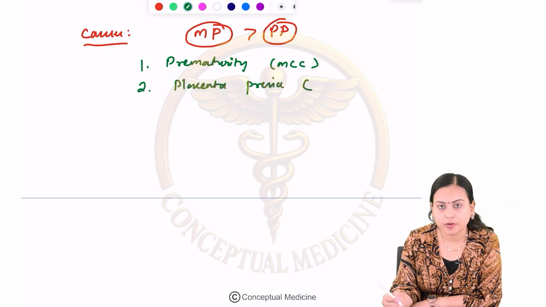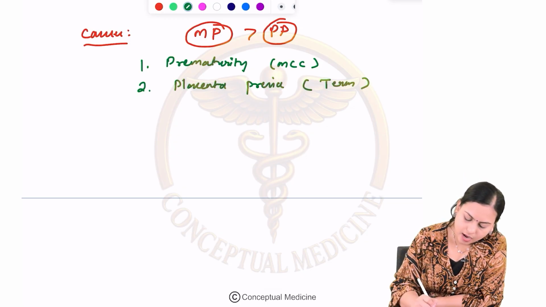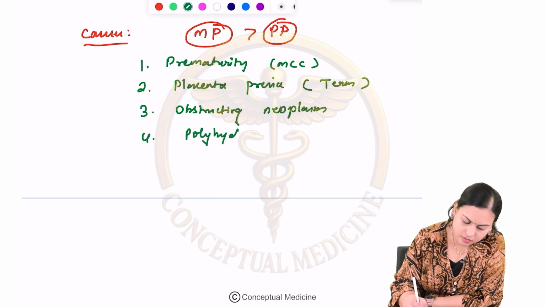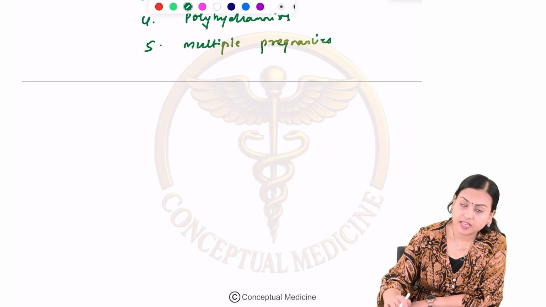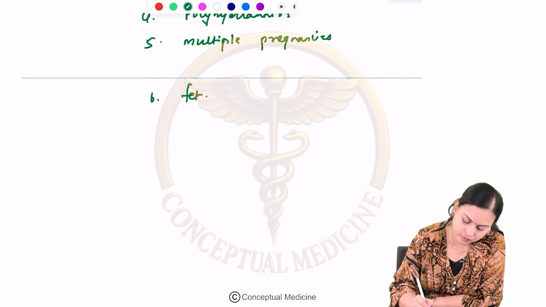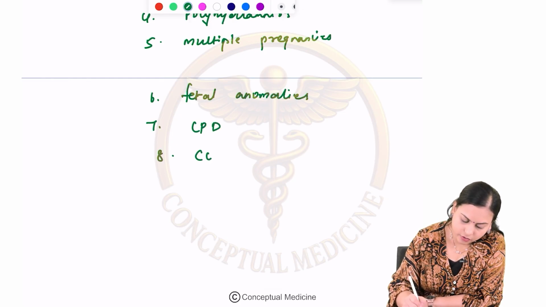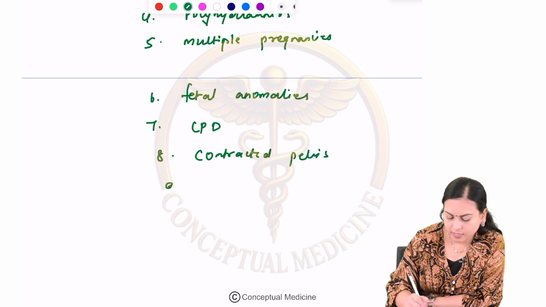This will be the most common cause of shoulder presentation around term. Or there can be an obstructing neoplasm, polyhydramnios, multiple pregnancies, fetal anomalies, cephalopelvic disproportion or contracted pelvis, or even uterine anomalies.